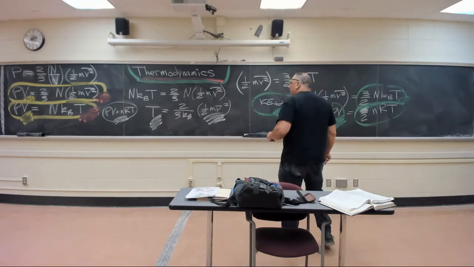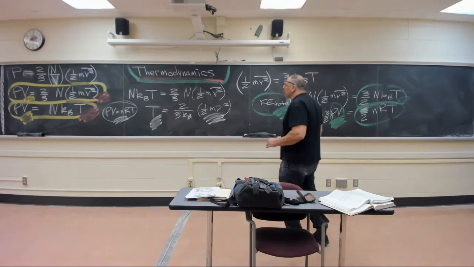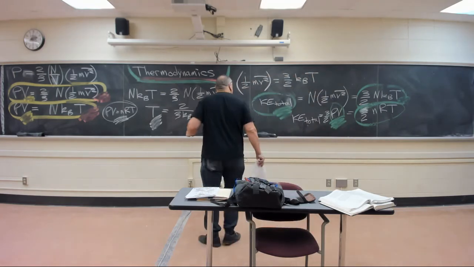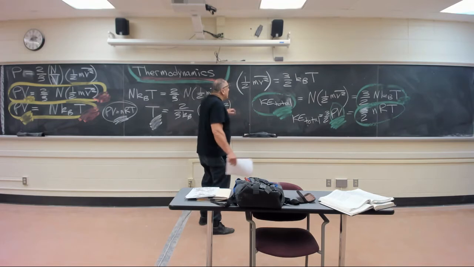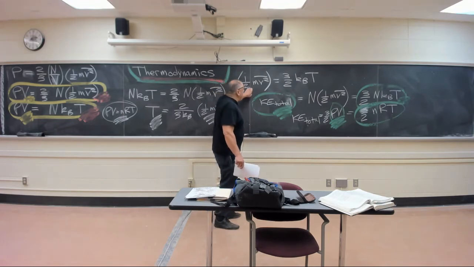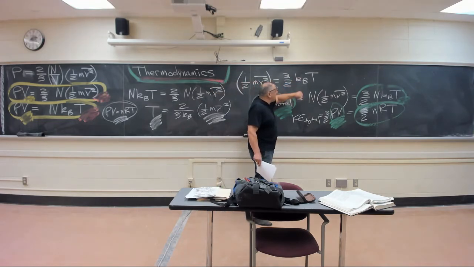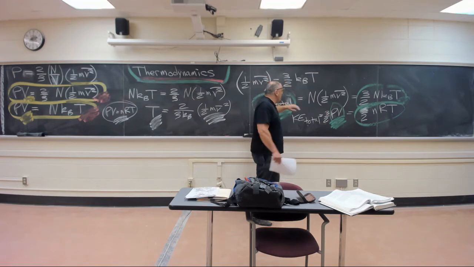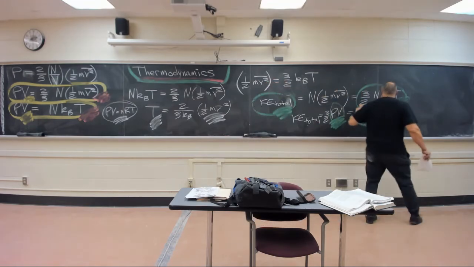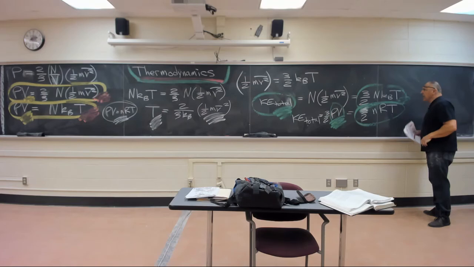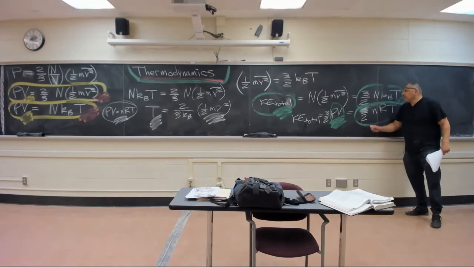Let me say something here. The average translational kinetic energy is 3/2 kBT for one molecule. For all the molecules, it's 3/2 nkBT. Can I ask you a question? Is 3 times a half 3/2?